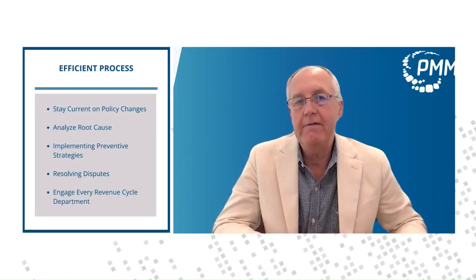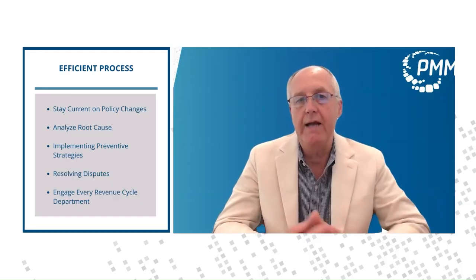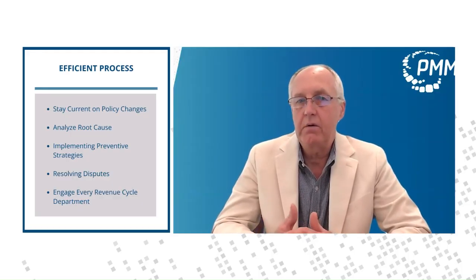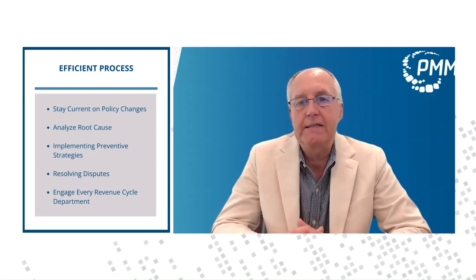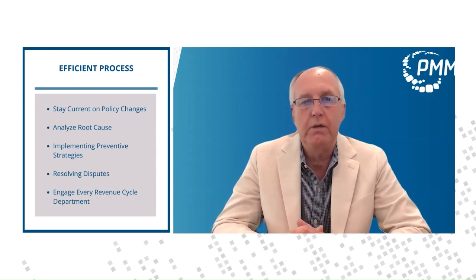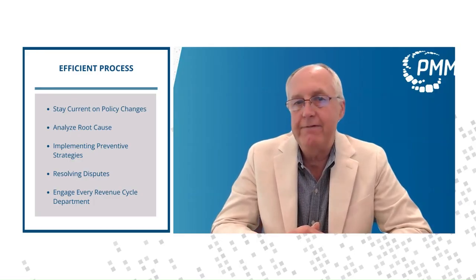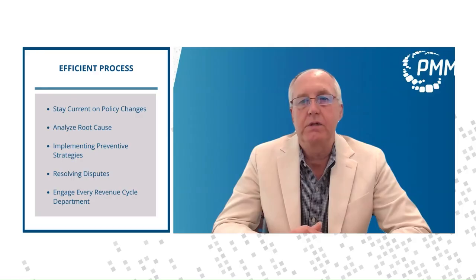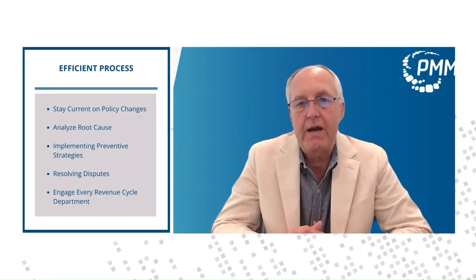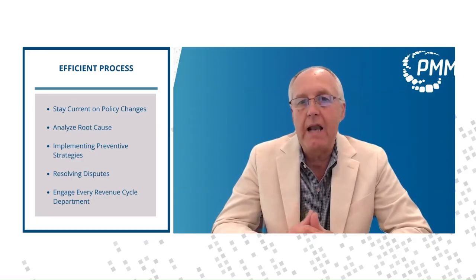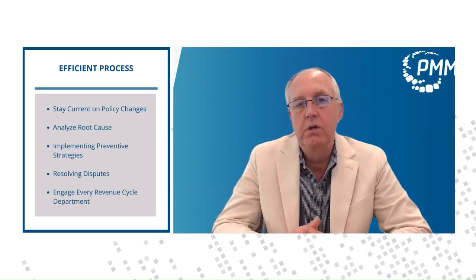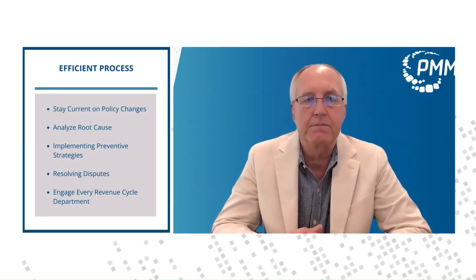So when I say an effective process, today we will be discussing items such as regularly reviewing insurance policies and guidelines to avoid retroactive denials. We're going to be touching on identifying the reasons for denials, such as eligibility issues, coding errors, or data entry errors, and how to use technology to automate pre-authorization, eligibility verification, and your general workflow process.